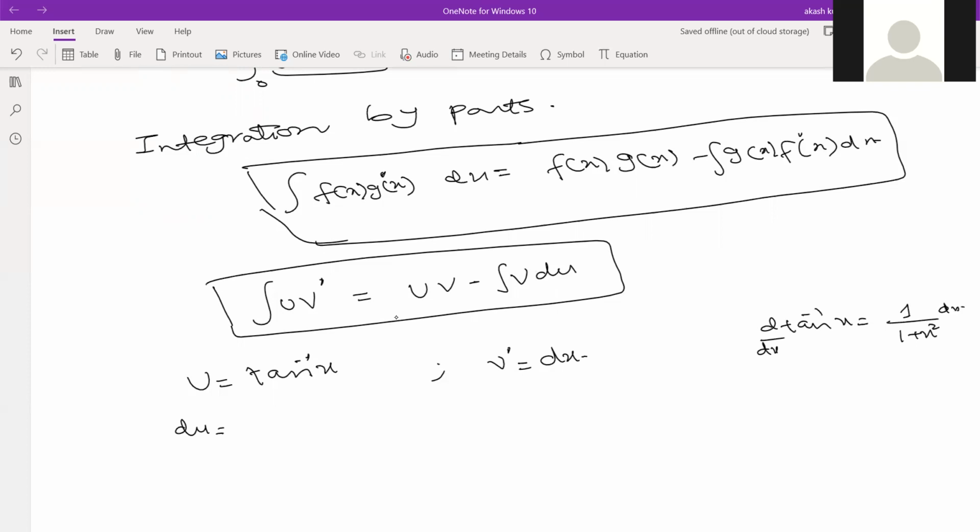Okay. So du is 1 over 1 plus x square dx, and we take the integral of dv, so v will be equal to x. Yes.